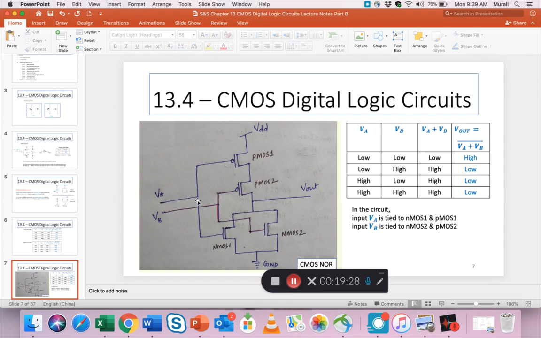So you can see VA goes to the gate of PMOS 1 and NMOS 1. Similarly, VB goes to the gate of NMOS 2 and PMOS 2. So you can trace that. Okay. So I have written that here: input VA is tied to NMOS 1 and PMOS 1. Input VB is tied to NMOS 2 and PMOS 2.